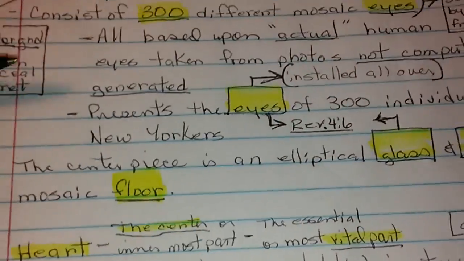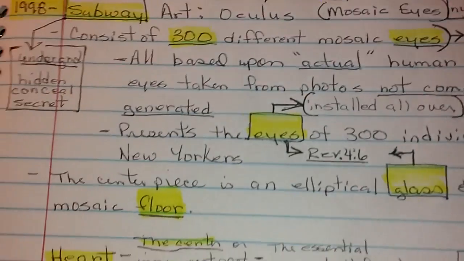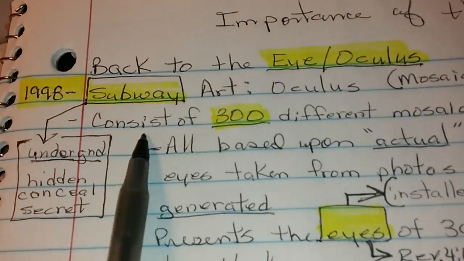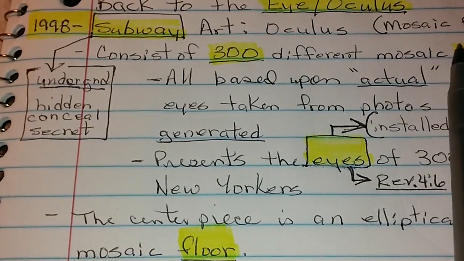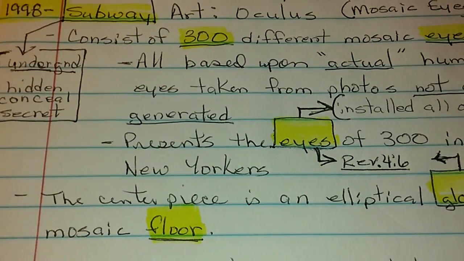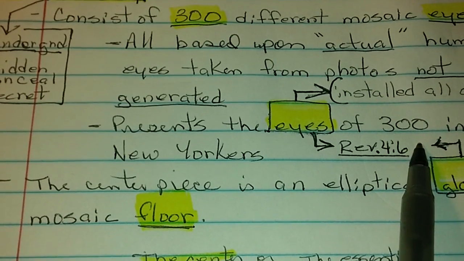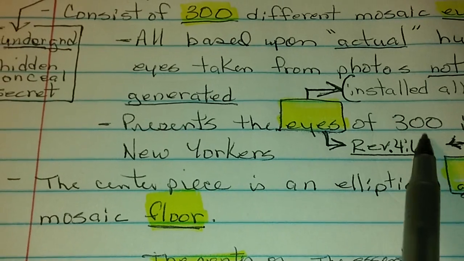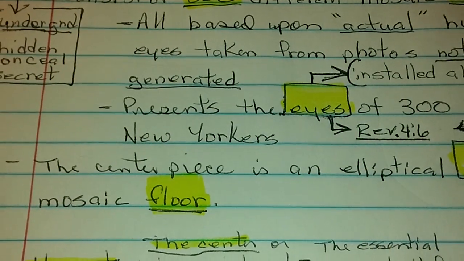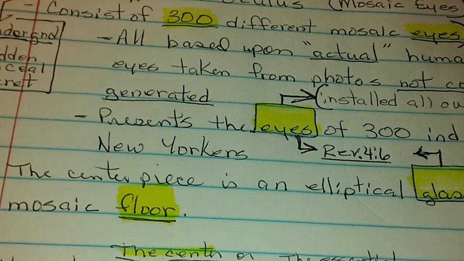This is some more work the Lord had me to do. Let me get rid of this one notebook. And we talked about this in the last video, about the subway and the Messianic eye and all that. And the 300 eyes that are throughout, and how only 300 people were identified from the remains of World Trade Center.